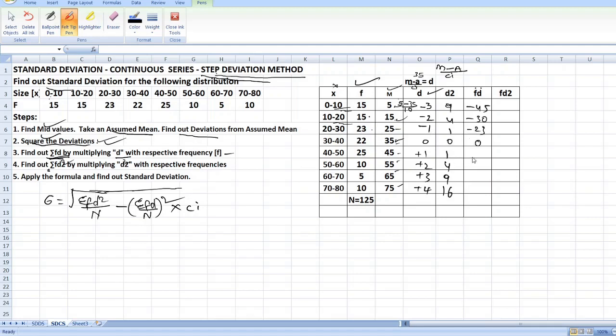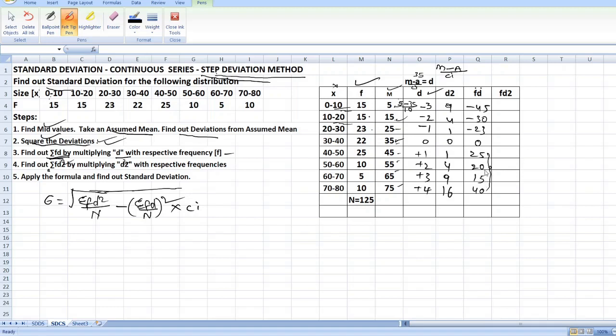Next 25 into 1 is 25, 10 into 2 is 20, 5 into 3 is 15, 10 into 4 is 40.